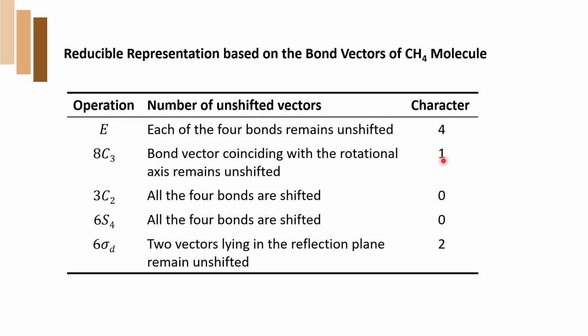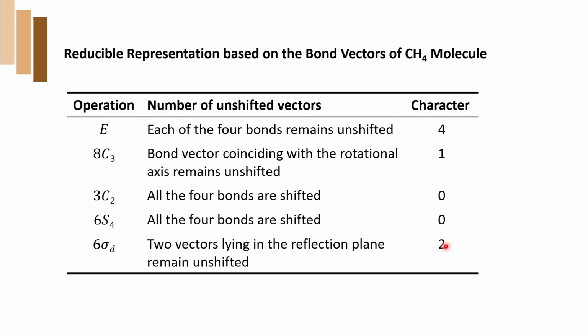For C2, of course, it's like a cube that is moved by 90 degrees, so it has 0, and so is the case with S4, 0. And σd would contribute 2 because it would take 2 bond vectors simultaneously, reflecting the 2 hydrogen atoms. So we are in a position to develop the characters for a reducible representation for sigma bonding.